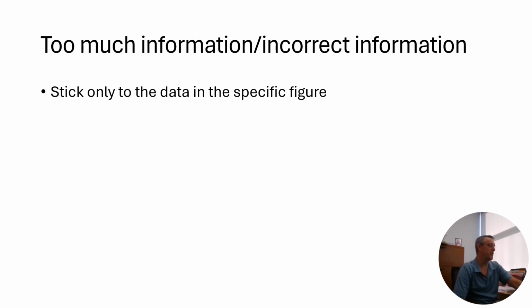Having too much information, and I combined this with incorrect information. For instance, too much information: if you're explaining the figure and you say the measurement Z is greater in X than it is in Y, that's all fine and dandy. But then you go on to say that this means that da da da da.